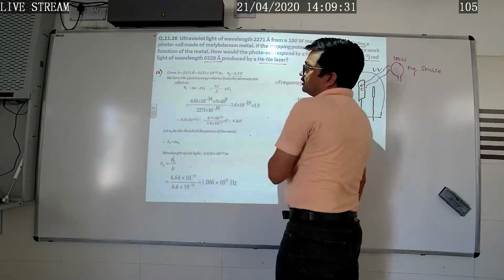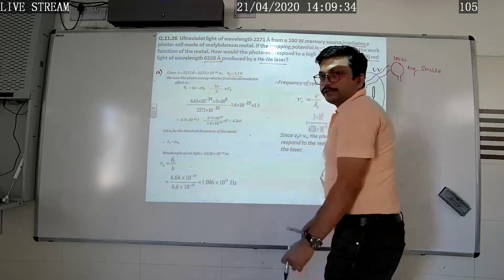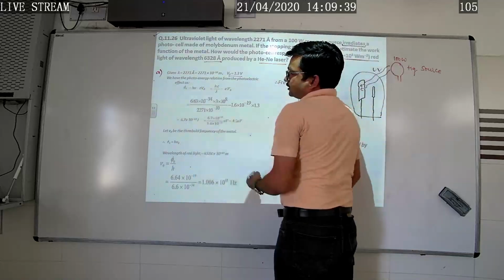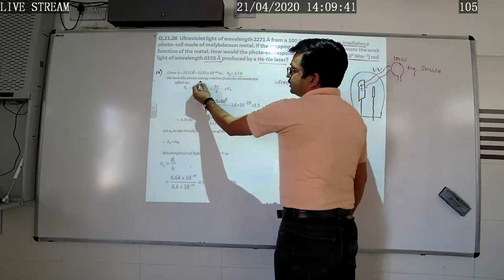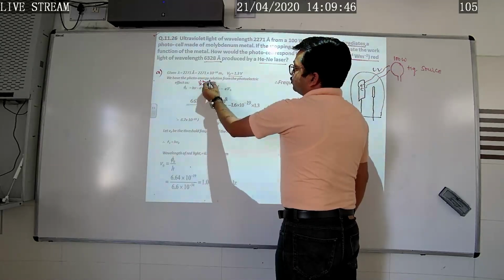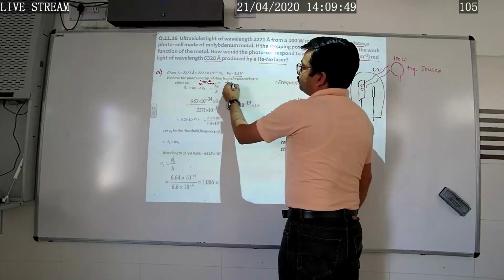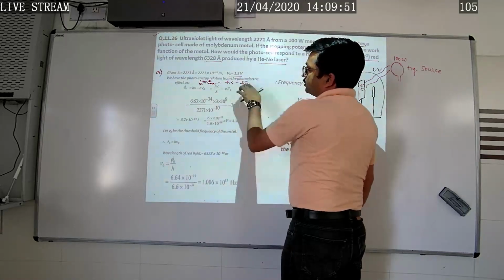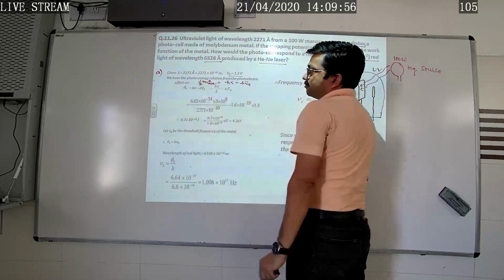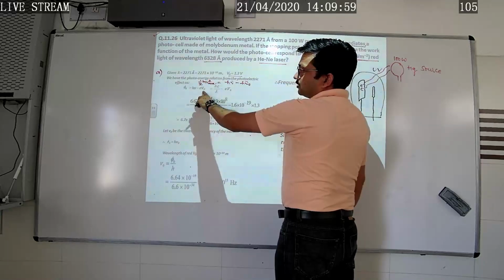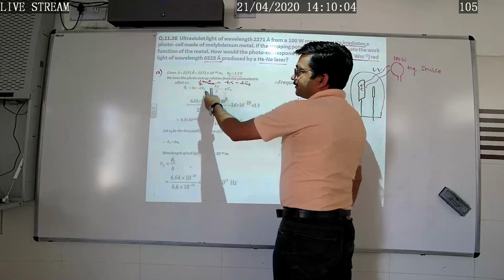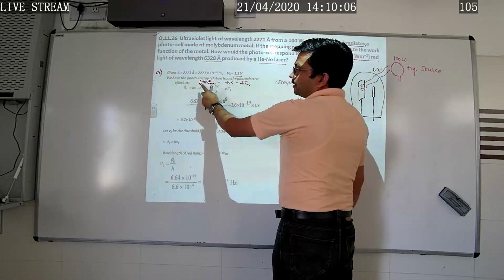Now, according to Einstein's photoelectric equation, which you all know, 1 by 2 m v max square is equal to h nu minus h nu naught. Now this h nu naught is nothing but the work function, and this is the maximum kinetic energy of the emitted photoelectron, which equals the work done by the stopping potential according to the photoelectric experiment.